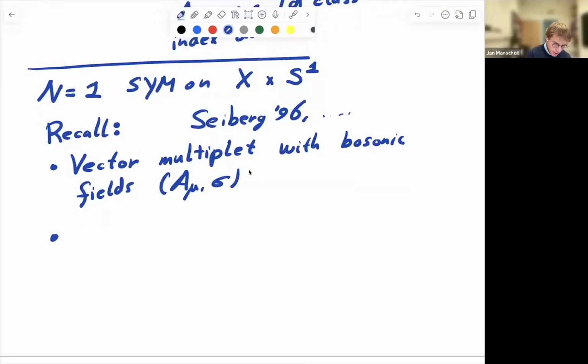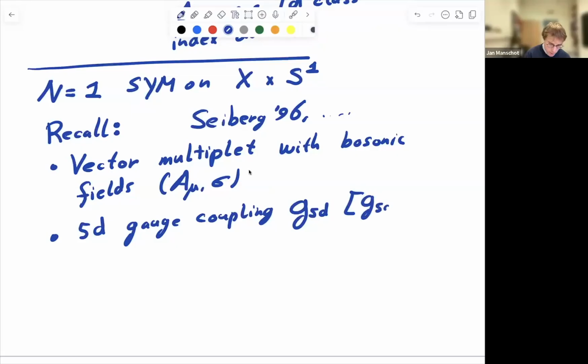They depend on a 5D gauge coupling, G5D. G5D squared has dimension of length.